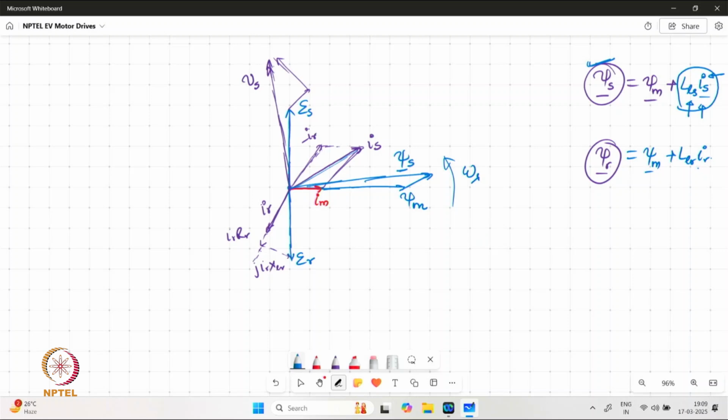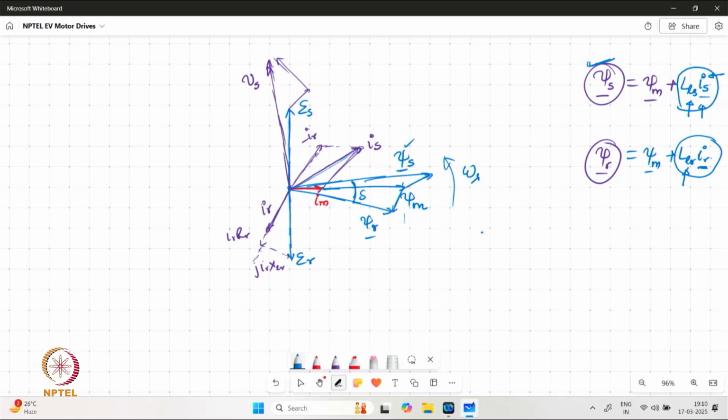Similarly, we need to add a vector which is along IR but scaled by LLR, and we need to join these two vectors to obtain the rotor flux vector. Now as seen over here, we have some angle formed between the psi s and psi r flux vectors. It can be called delta.